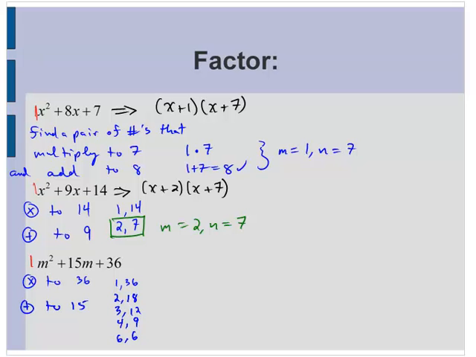Well, 1 plus 36 is 37, 2 plus 18 is 20, 3 plus 12 is 15. That's the pair that we want. 3 and 12 is 15. So I won't call them m and n because I don't want to confuse with what we already have. But I'll just go ahead and write the factored form as m plus 3 times m plus 12. And again, I could check this by multiplying it back out.